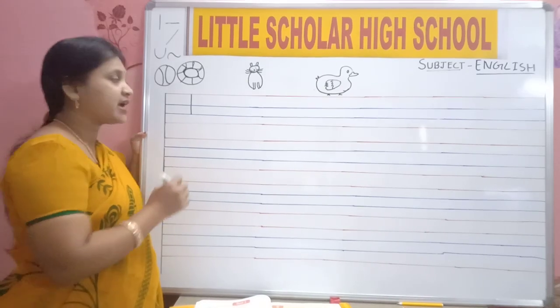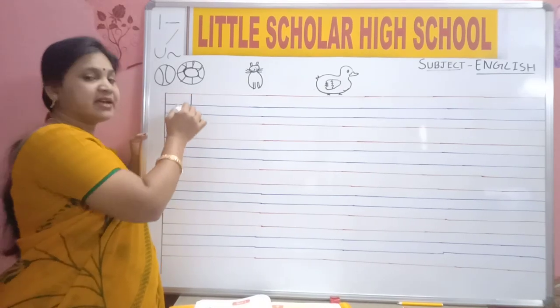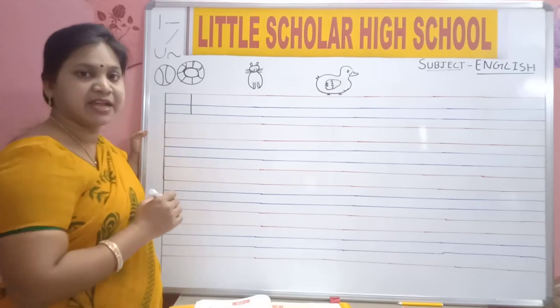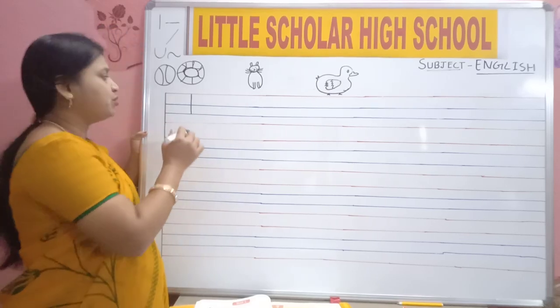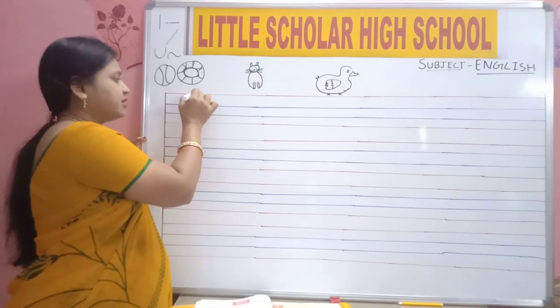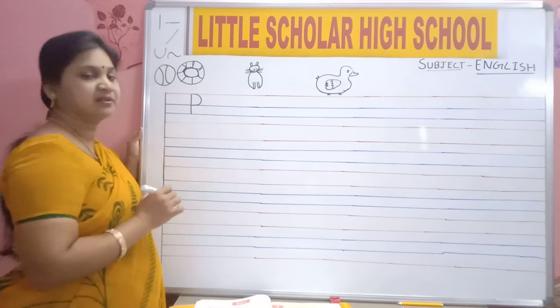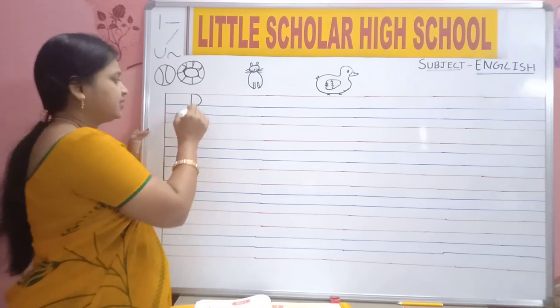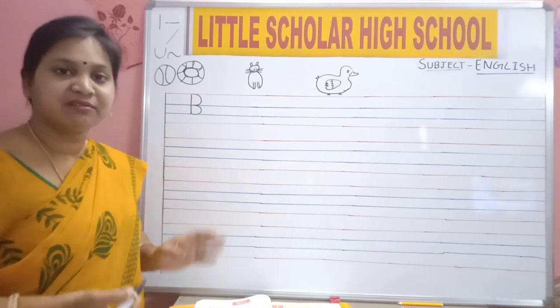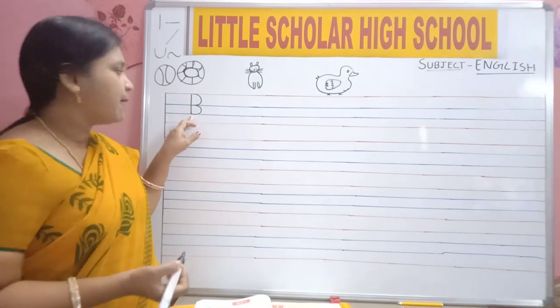You will draw a straight line from red line to blue line. Now we will use curved line, from here to here, one curved line, and from blue line to second blue line, one more curved line. This is B, this is B letter.